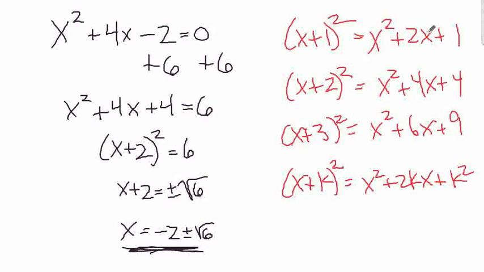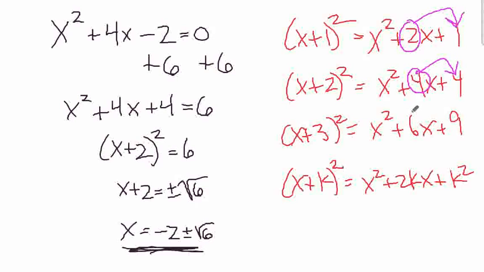So for example, on the first one, what's half of 2? Half of 2 is 1. 1 squared is 1. See that? Let's do the second one. What's half of 4? Half of 4 is 2. 2 squared gives 4.